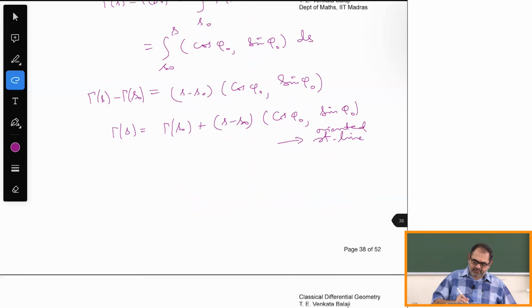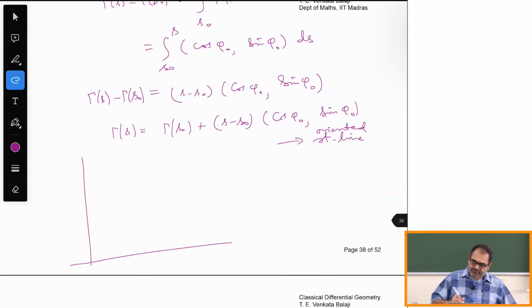Basically, if you draw a vector picture, you have some point gamma(s0), the position vector, and then gamma(s).